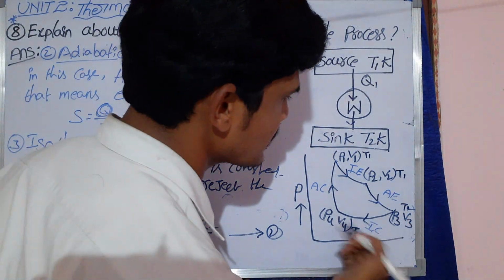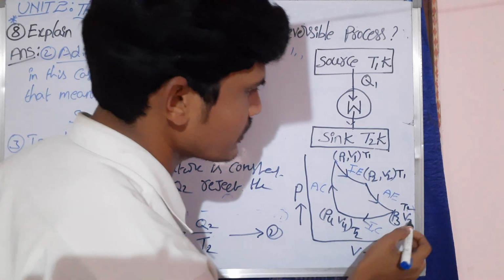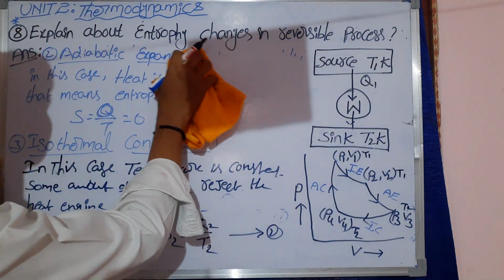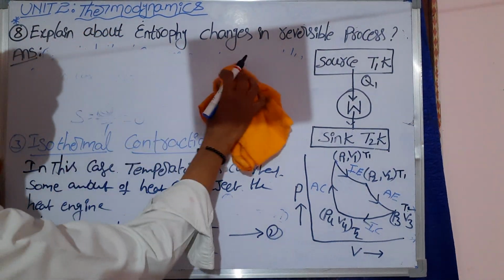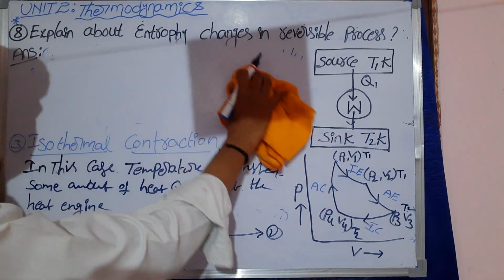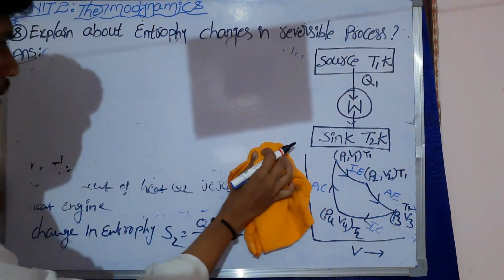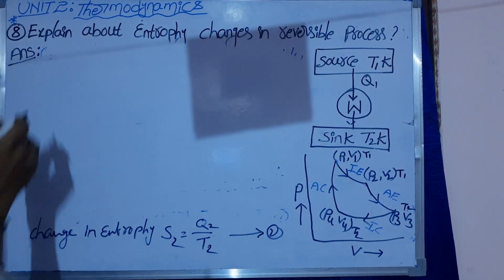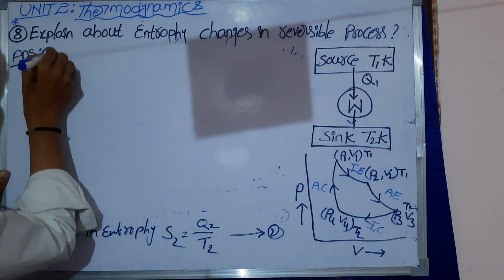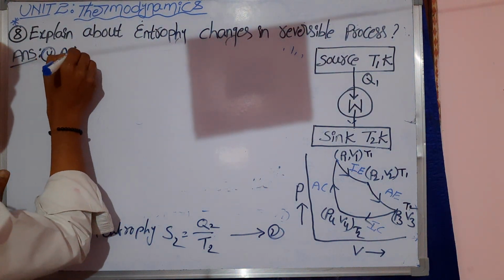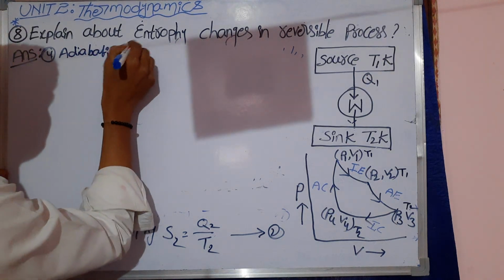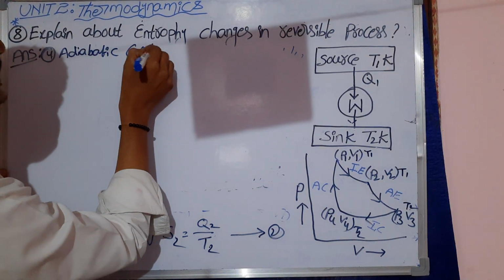Remaining variables are changed: P3 to P4, V3 to V4. Next, the fourth process, adiabatic contraction.